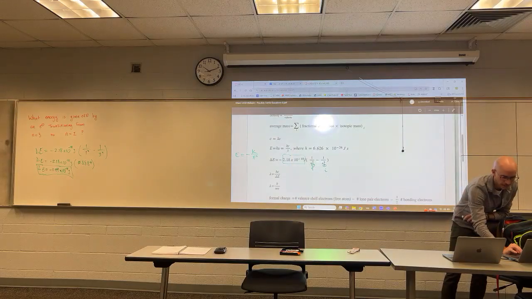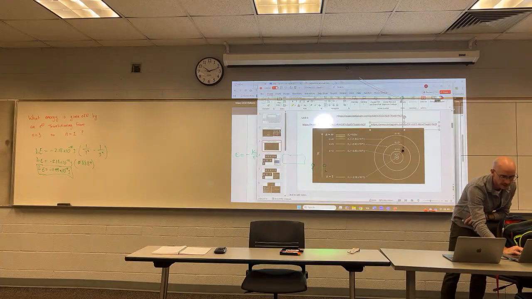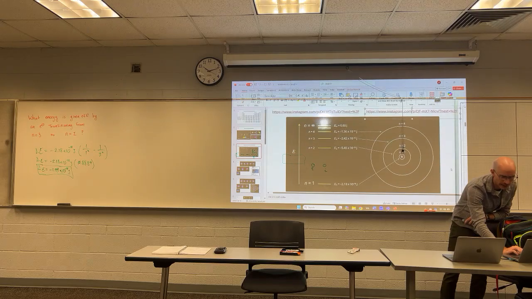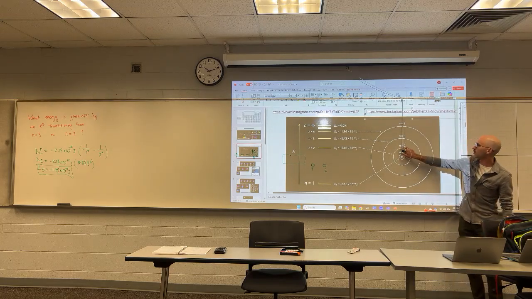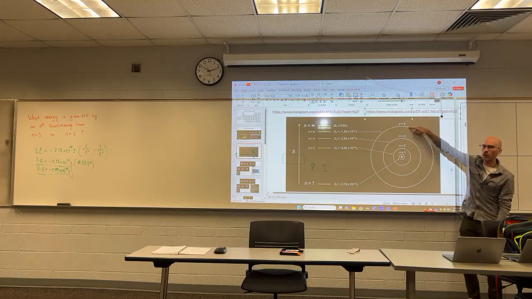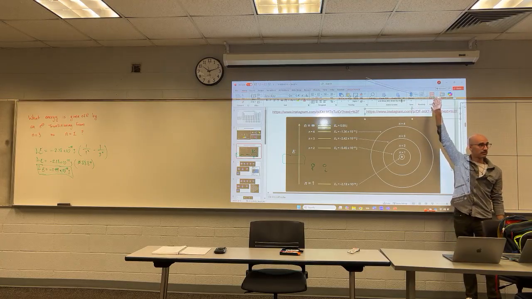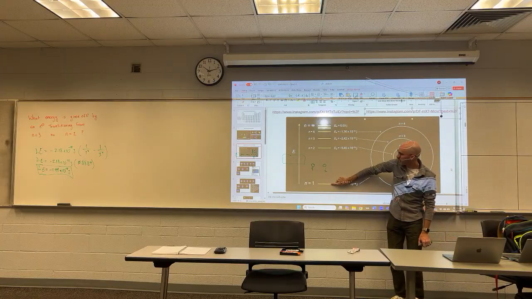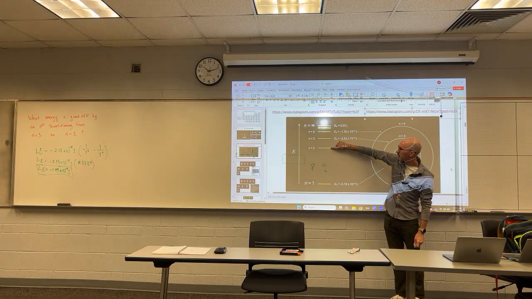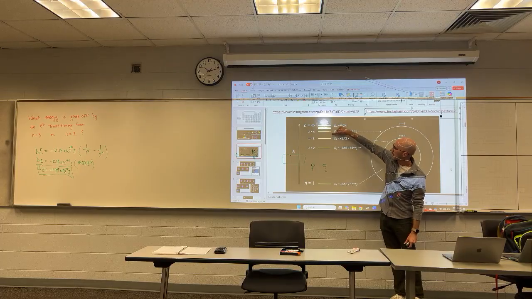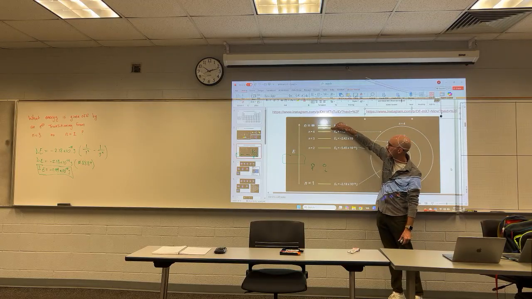This image is in your textbook, which is meant to model what I drew out last week. N equals 1, N equals 2, N equals 3, N equals 4. You can go on. But notice the energy levels. There's this huge energy gap between 1 and 2, less than half that size between 2 and 3, less than that between 3 and 4, less than that.